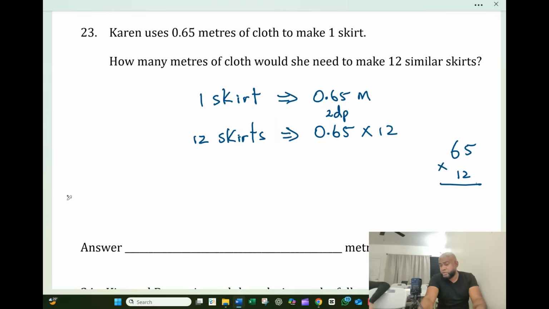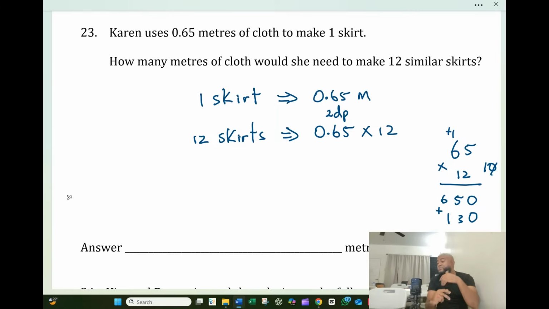Let's work. 1 multiplied by 5 is 5, 1 times 6 is 6, and we put a 0 to fill in the ones position here. Then 5 twos are 10, so I put 0 in the ones position and add 1 to what I get when I multiply 2 by 6. 6 twos are 12 plus 1 is 13.